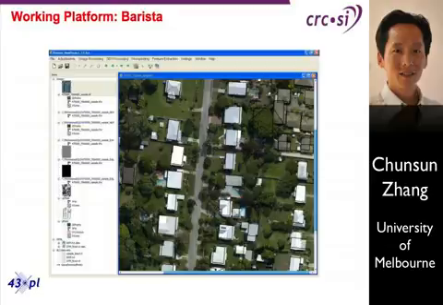Our goal is to integrate all the processing in one platform, which we have here in our project, Barista. Probably many of you have known this one. Some companies probably have used it for high-resolution satellite image processing.